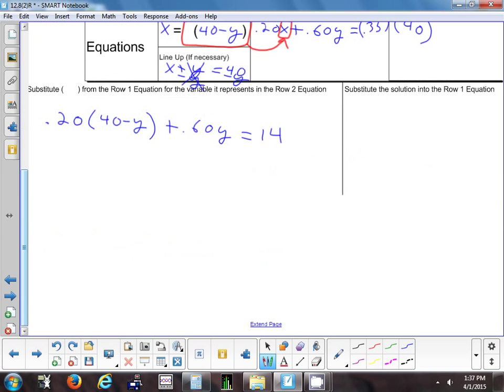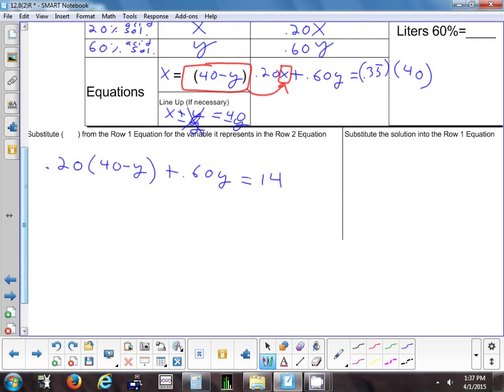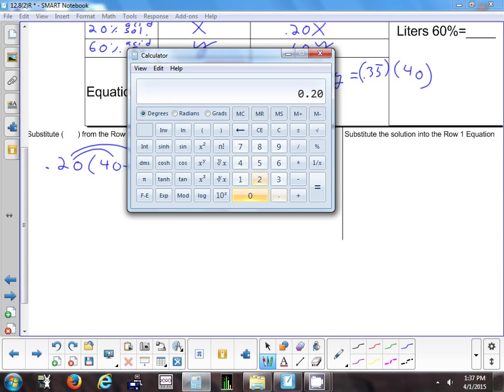Okay, who can tell me what I do next? Kayla said distribute. Sam, what am I going to distribute? 0.20 to the 40? Where else? To the y. Even if you think you know this, just use your calculator to double check it. Do 0.20 times 40. 8.